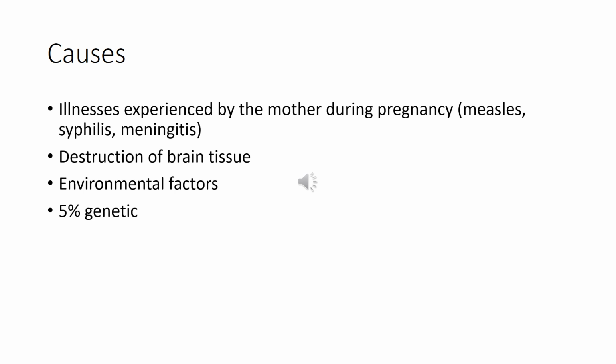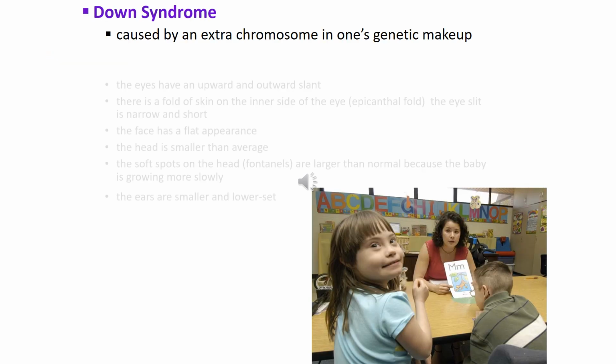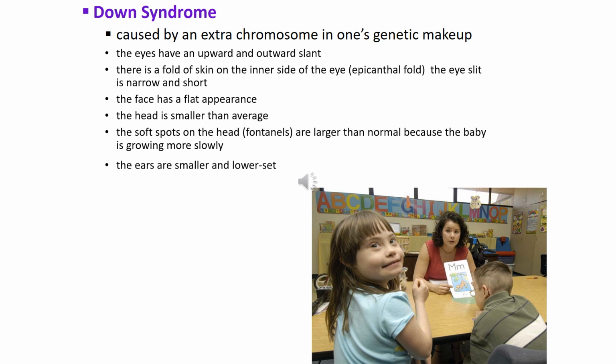5% of all individuals with intellectual disability stems from a genetic cause, and the number one genetic cause of intellectual disability would be Down syndrome. Down syndrome is caused by an extra chromosome in the 21st pair.